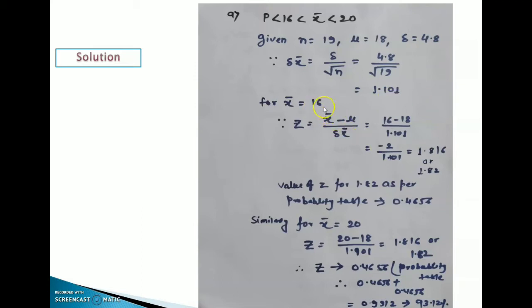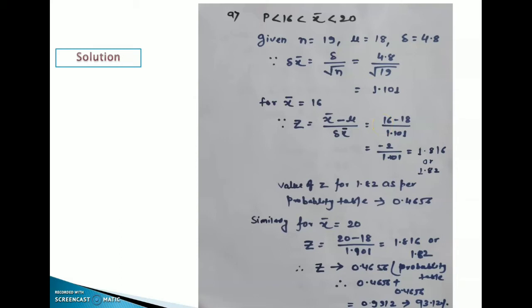For x bar 16, that is for sample mean 16, we will get the z value, and we know z can be calculated using the formula z is equal to x bar minus mu divided by sigma x bar.